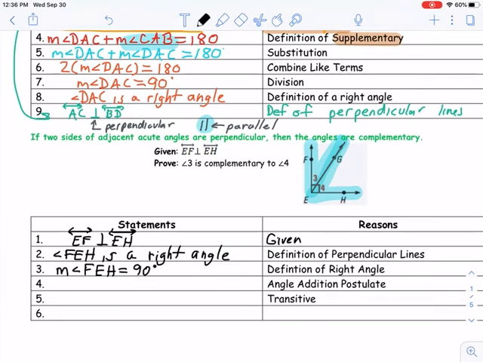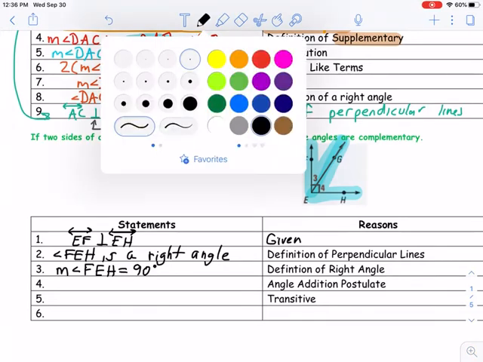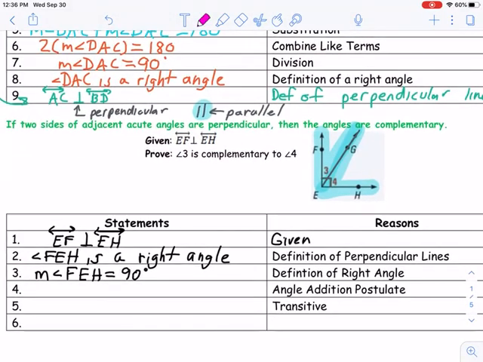And now we have the good old angle addition postulate. We're really good at identifying angles by using 3 letters, but they're labeled with numbers like that. We can say that as well. We can say measure of angle 3 plus the measure of angle 4 equals the whole thing, which is the measure of angle FEH.